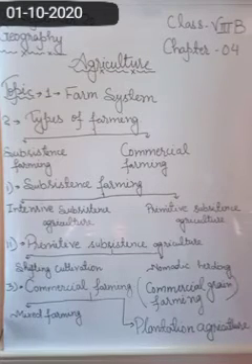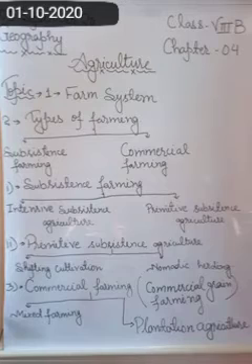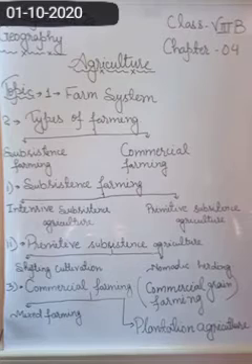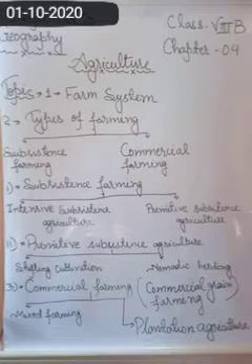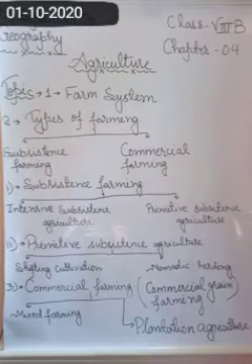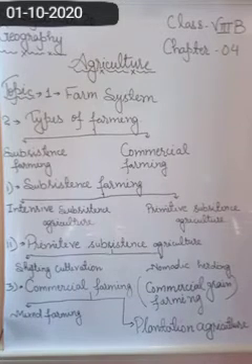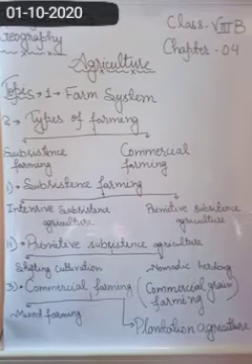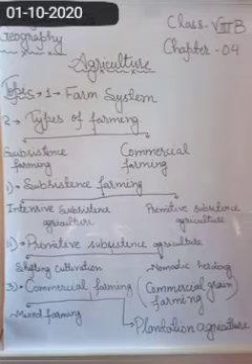Shifting cultivation is also known by different names in different parts of the world, like Jhuming in Northeast India, Milpa in Mexico, Roca in Brazil and Ladang in Malaysia. Alright. After that, next one is nomadic herding.